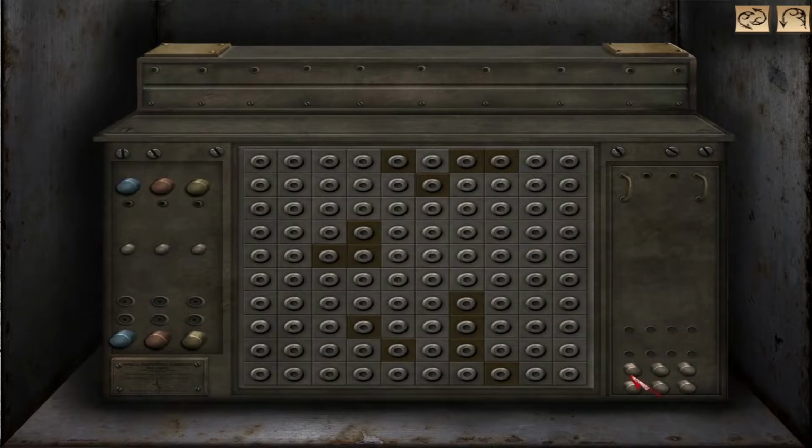So nothing happens from these. What's the idea of these?